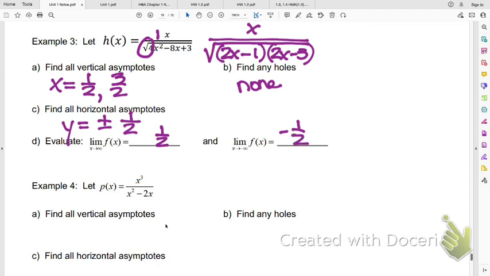So the limit at negative infinity is negative 1/2. Now, just to throw this in here because this example doesn't explain everything, if there was a negative in front of that x, it flips it. So the positive becomes the negative and the negative becomes the positive, because that translation is a reflection. So it's not always that positive infinity is the positive answer.